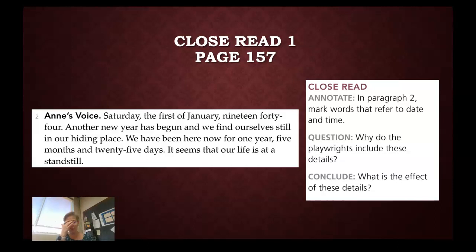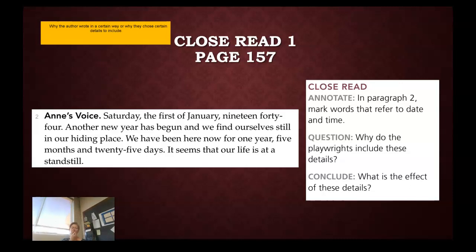So the goal of a close read is to dive deeper into the text to look at why the author or playwright wrote in a certain way, or why they chose certain details to include.